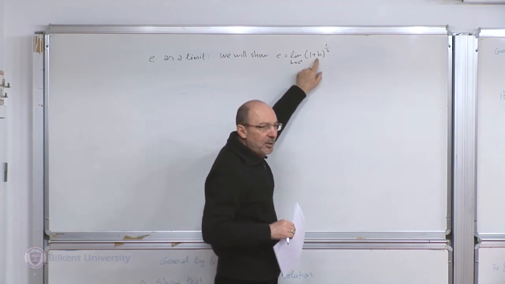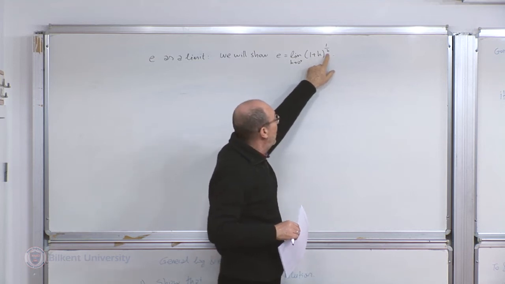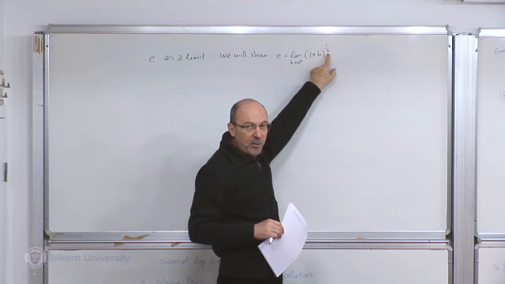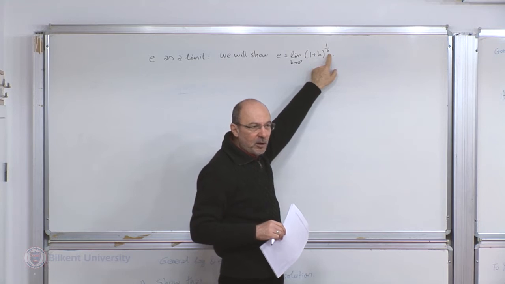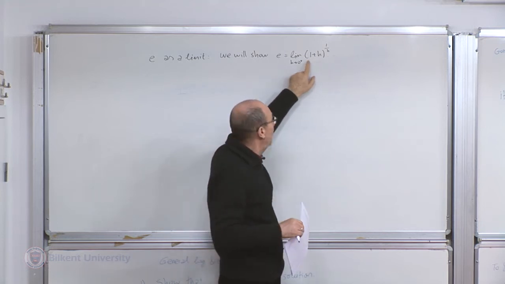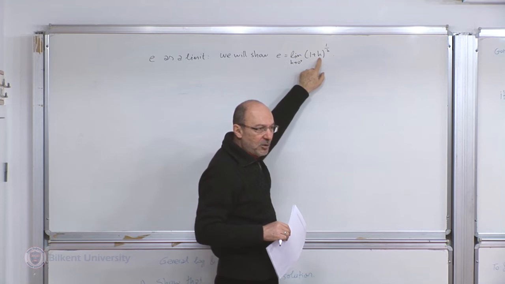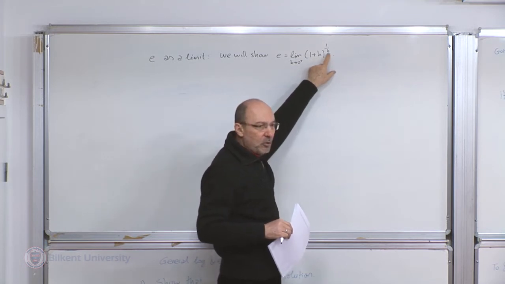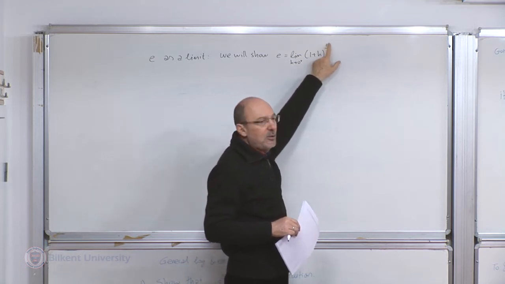Inside, the limit is 1, and 1 to any power should be 1, but the power is going to infinity, so the power claims anything to a very large power is either 0 or infinite, depending on whether it is larger than 1. Since inside is always larger than 1, and the power goes to infinity, this says it goes to infinity.